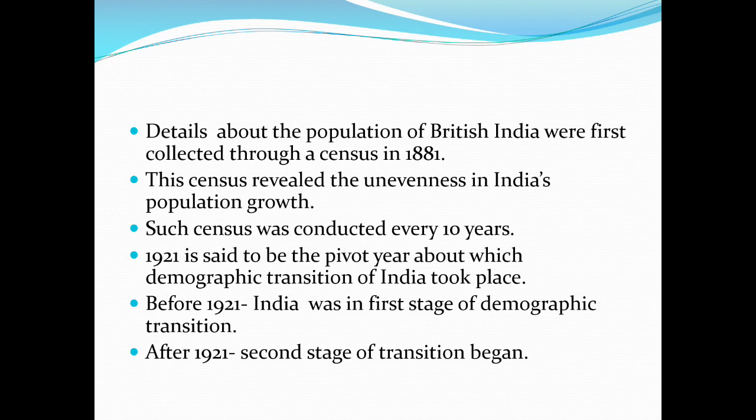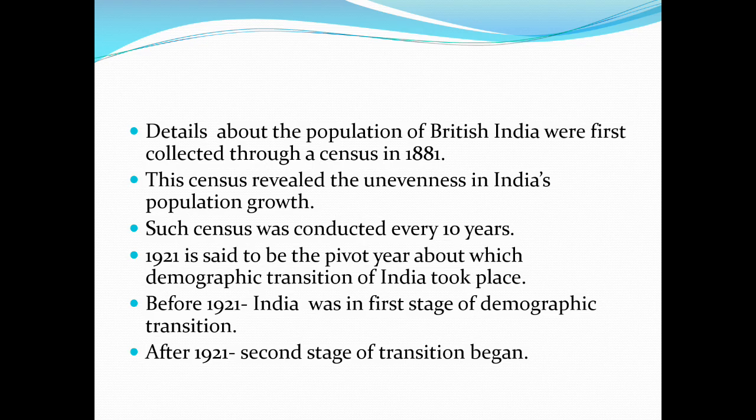Such census was conducted every 10 years, to have a precise picture of the demographic condition of the country. So 1921 is said to be the pivot year about which the demographic transition of India took place. Before 1921, India was in the first stage of demographic transition.